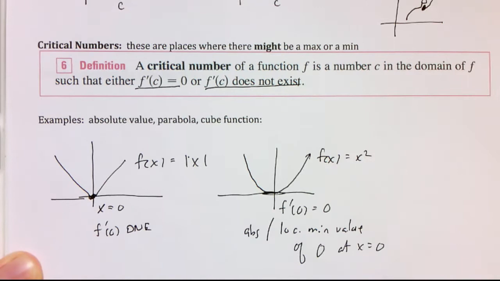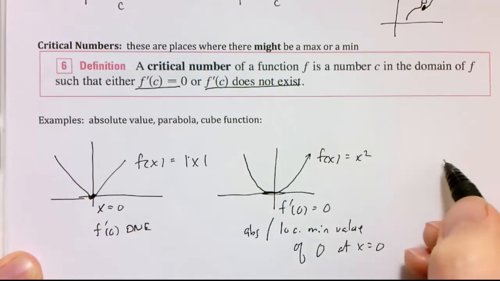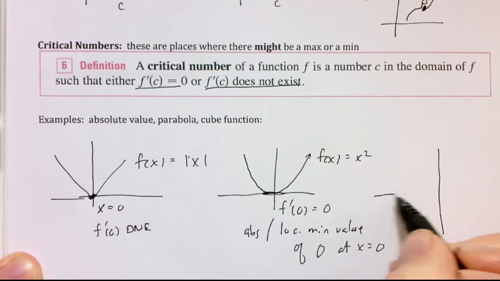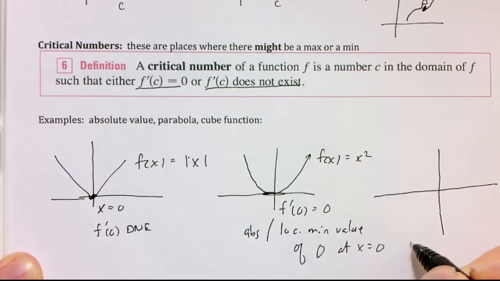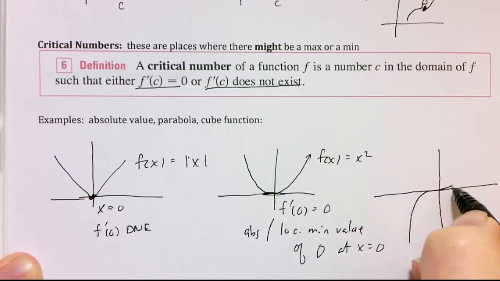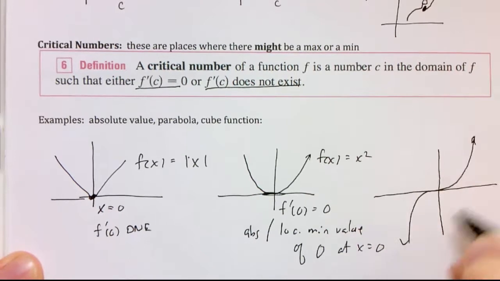Let's give an example where we have a critical number and yet it's not a max or a min at all. This is really important. Just because the derivative is 0 or just because the derivative doesn't exist, that doesn't guarantee you've got a max or a min. It just says that's a place that we might have one. Here's f of x equals x cubed.